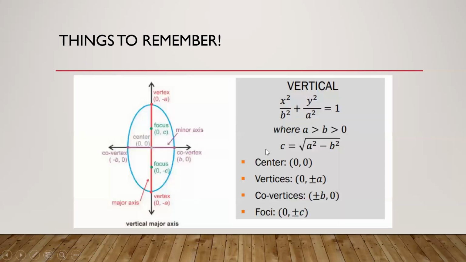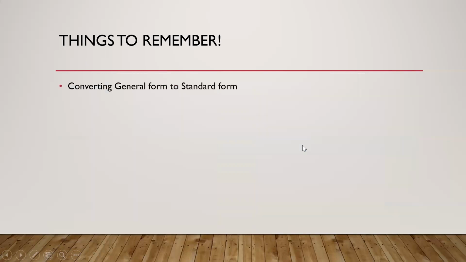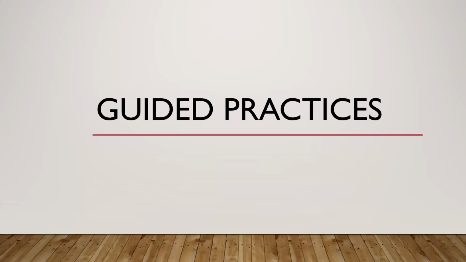Next, it is vertical when our a squared is with our y. So we have to remember all of this in order for us to find the different properties or parts of the ellipse. We also have to remember how to convert general form to standard form. Let's begin with our guided practices.